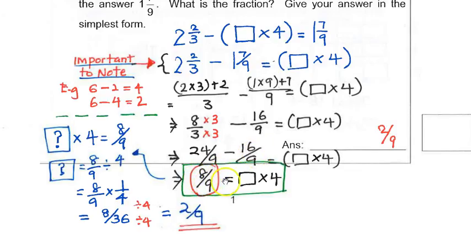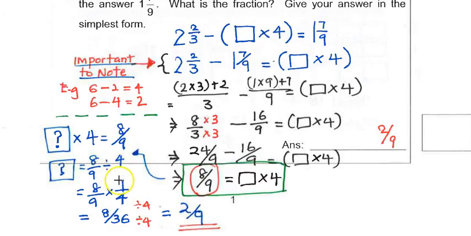8 over 9 is equal to this, something times 4. So something times 4 is 8 over 9. This something is 8 over 9 divided by 4. Right? Or it is divided by 4 over 1.